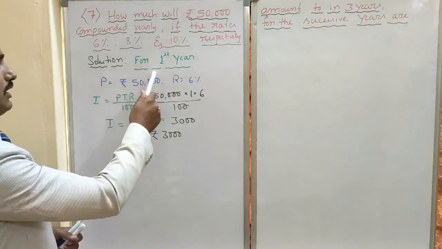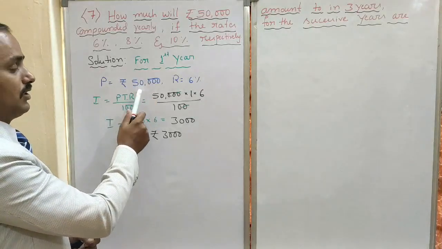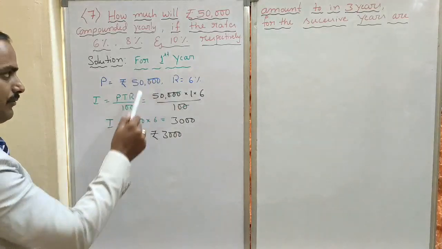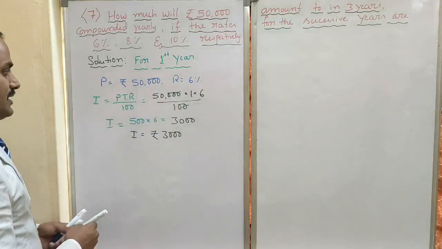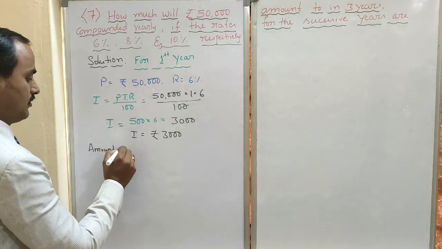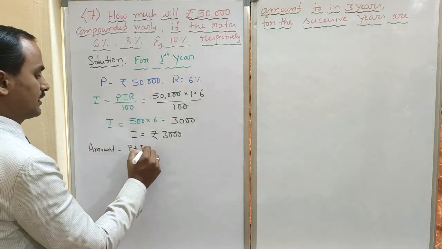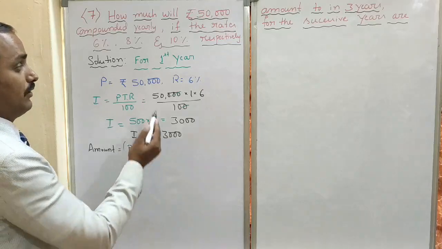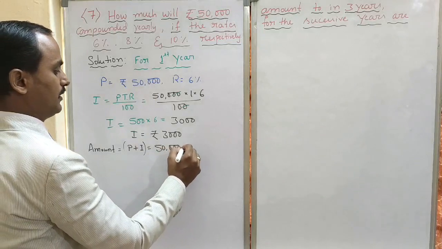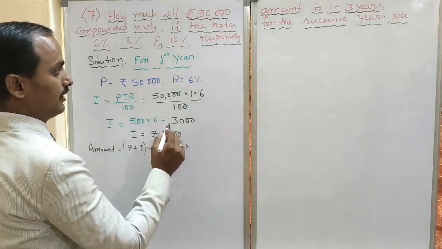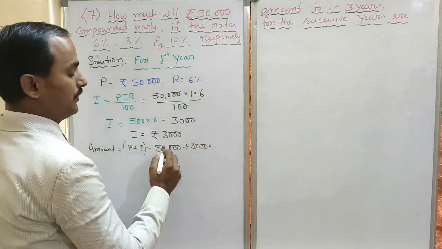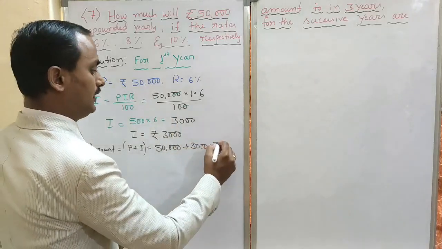For the first year, for principal 50,000, rate of interest 6%, interest became 3,000. At the end of the first year, amount is principal plus interest. First year beginning principal 50,000 plus first year interest 3,000 is 53,000 rupees.